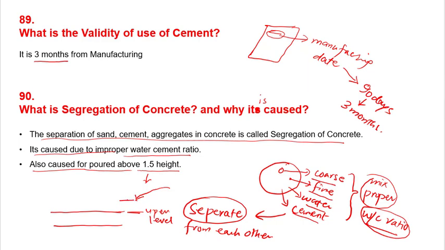The distance between the pouring level of concrete and the upper level of the beam should not be more than 1.5 meter. If it goes above this height, you will face the problem of segregation. So these are the causes of segregation.